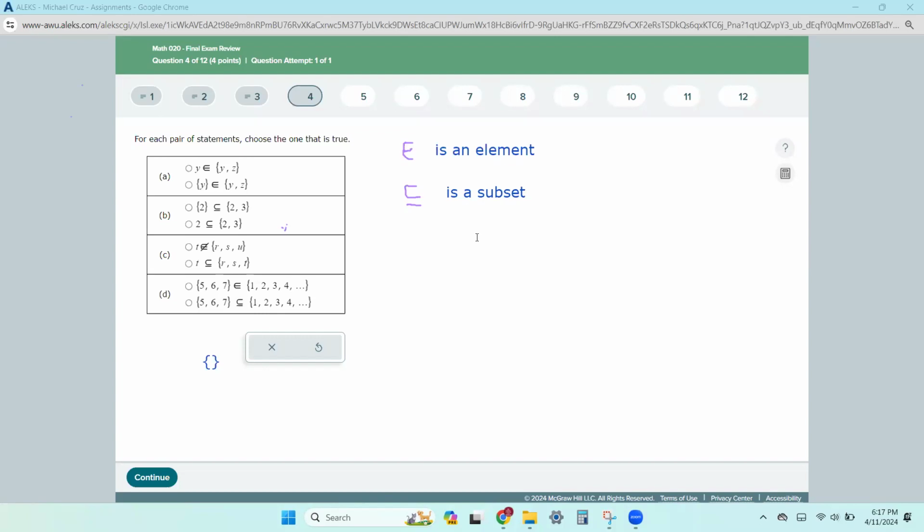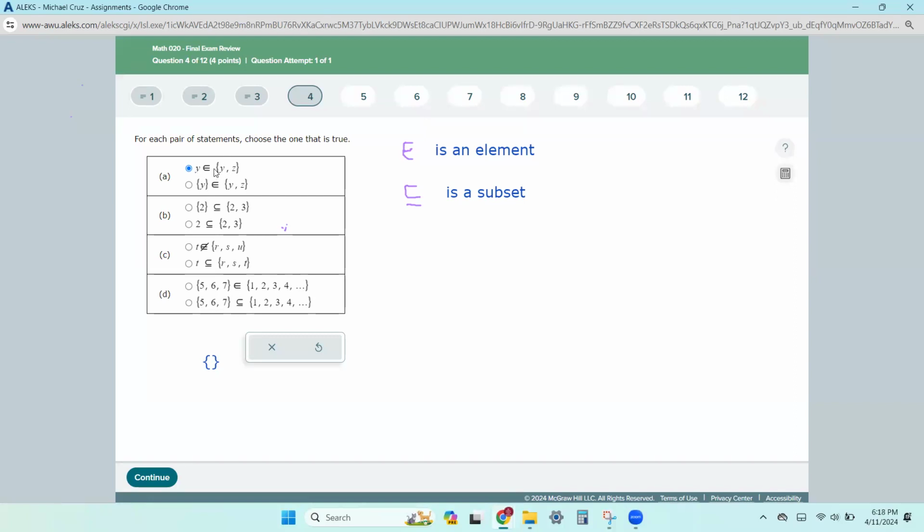In order to use the first one, you have to be dealing with a bare naked something like this here. Like I said, I can't select that Y, but that right there is a bare naked element. It means it does not have any of the clothes on like a set does. So this is just an element without any brackets.